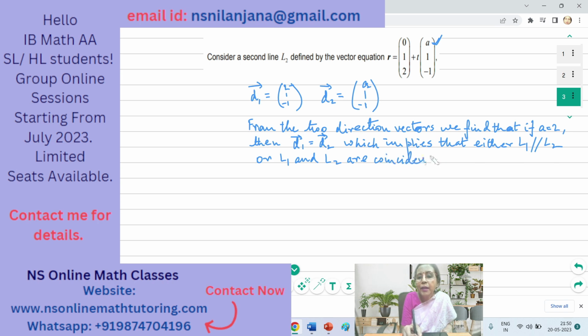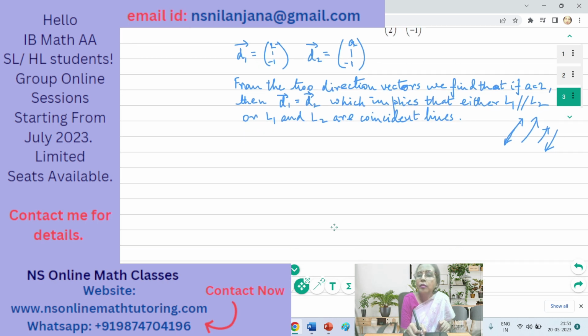Means it may be that one is in this direction, and the other is in this direction. That may be taken, but they will be on one on top of the other if they are coincident. And if they are parallel, they may be having the same direction or they may be having the opposite direction, but they will not be intersecting at any point. Okay?